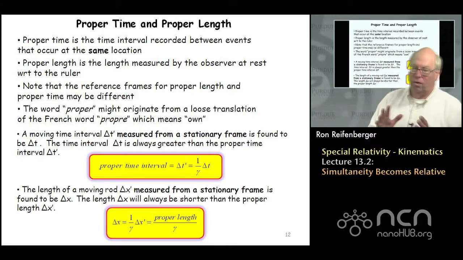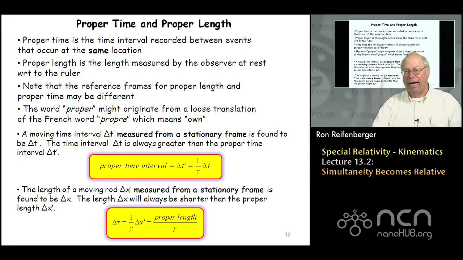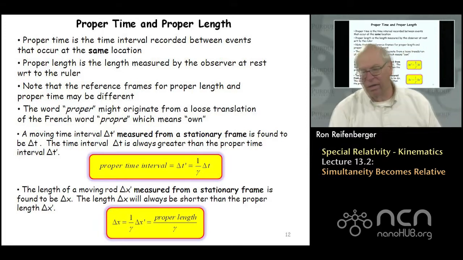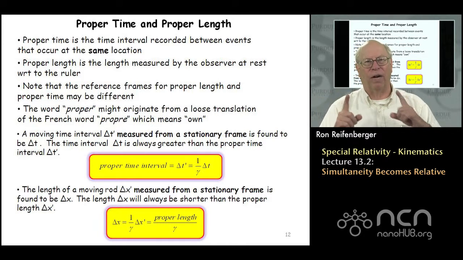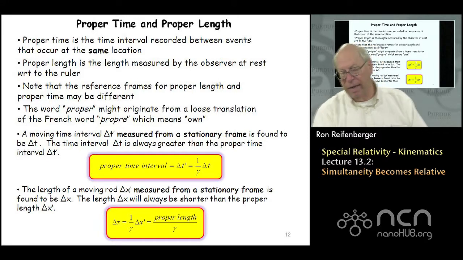There's also something called the proper length, which is the length of an object measured by an observer that's at rest with respect to the ruler used to make that measurement. So if there's no relative motion between the object and the ruler, that's referred to as the proper length. The proper length and the proper time could be in different reference frames, so you can't be confused about that.